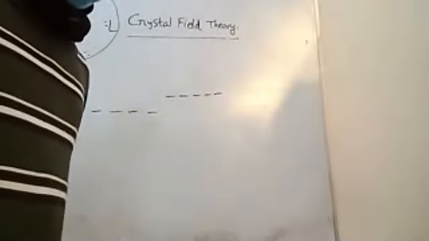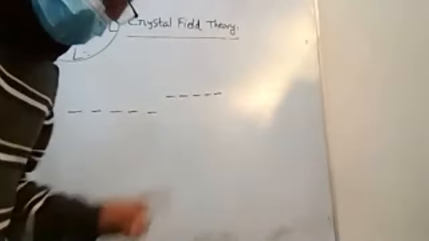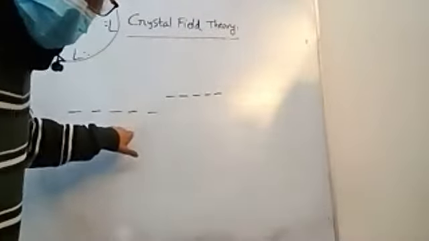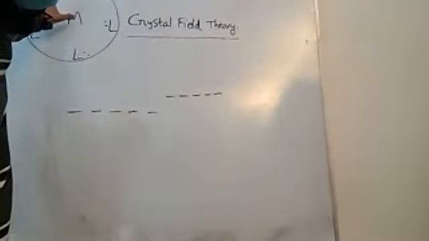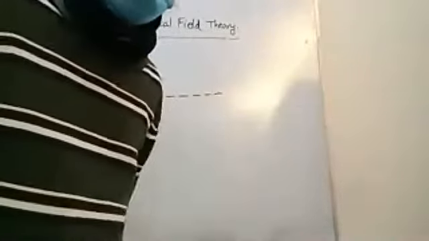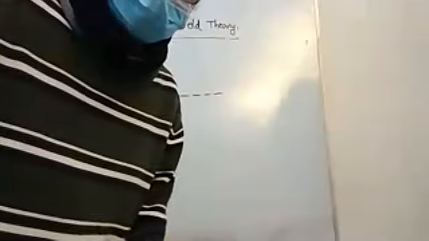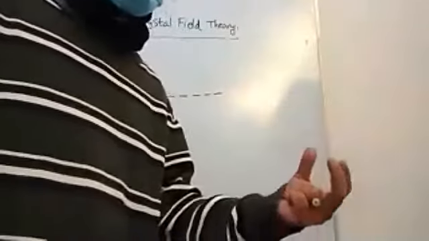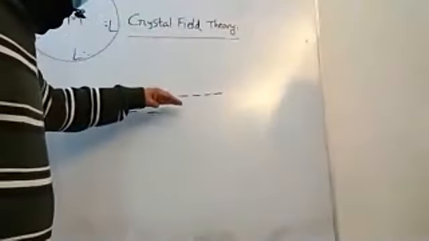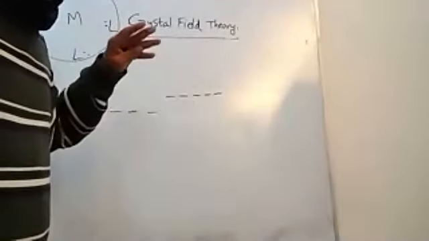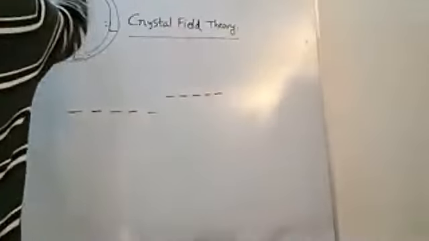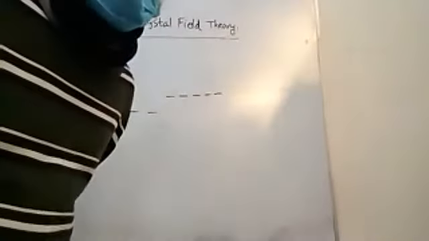Why does it increase in energy? Because the d orbitals have electrons and the ligands also have electrons. So when you bring electrons from the ligand closer to the electrons in the metal, there is going to be a repulsive interaction. The electrons of the ligand repel the electrons of the metal in the d orbitals. As a result, it increases their energy. But still, it is degenerate because we have a spherical approach of the ligands.